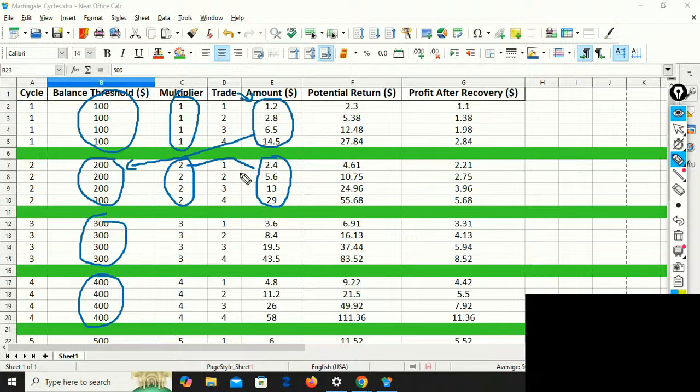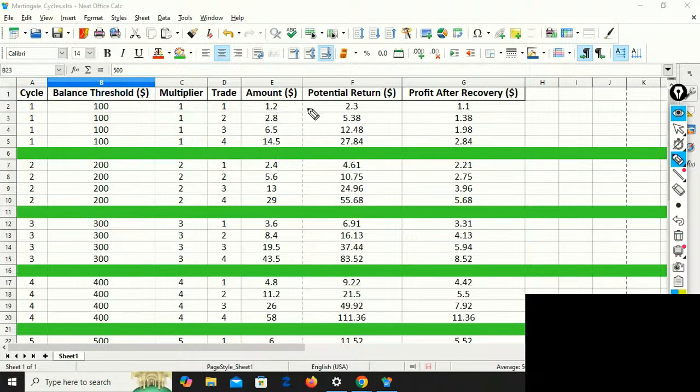Okay, so how does it work? First, you take the first trade. This is your trade number 1. When you have $100 balance, this is your first trade amount. If you lose, this is your potential return and profit if you win the trade.